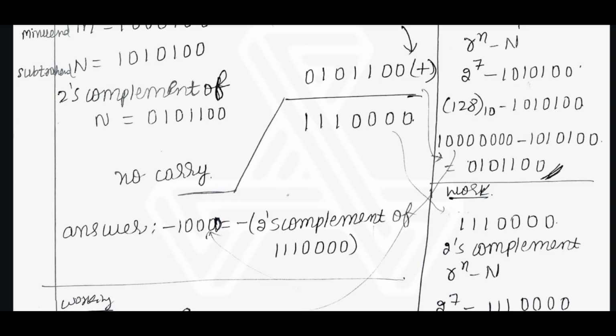So it is 2 power 7 minus this number, 128. In binary form it is given as this. Next we should subtract this number, 1110000. We will be getting 1000, and we should make it minus 1000.